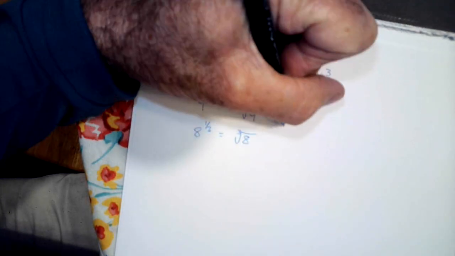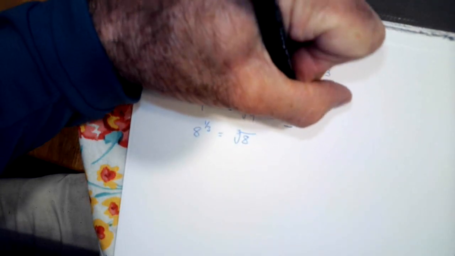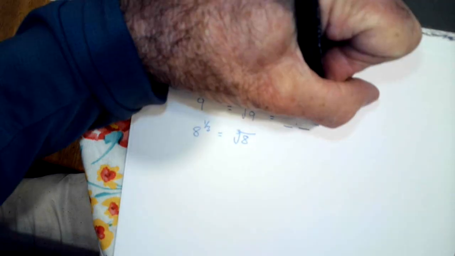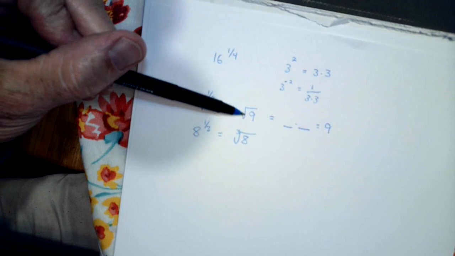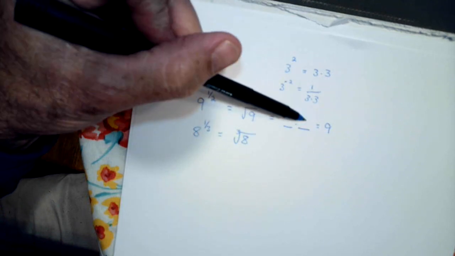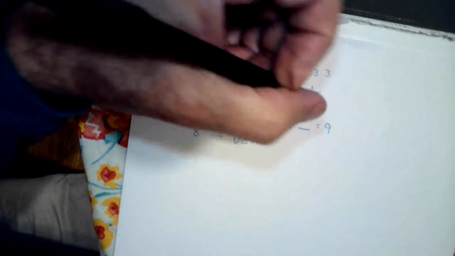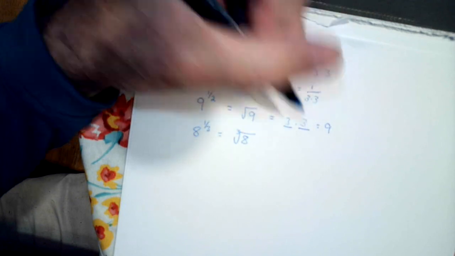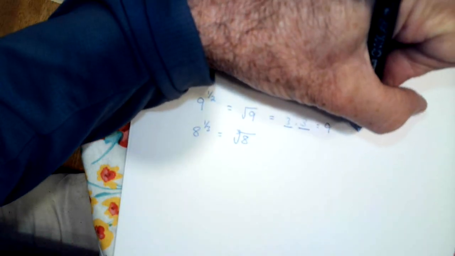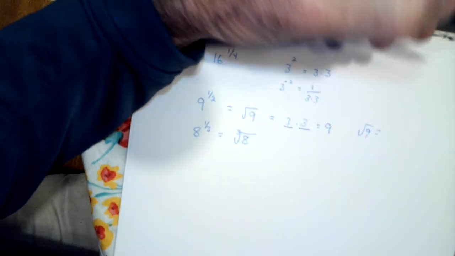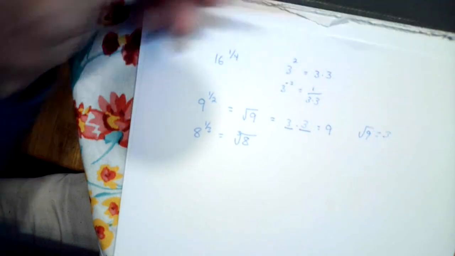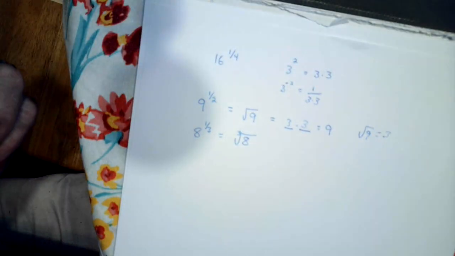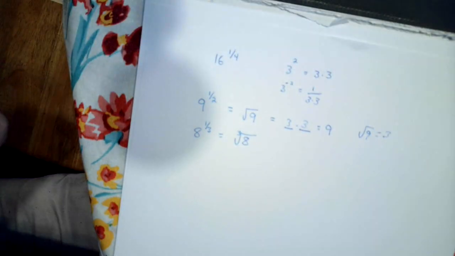Square root means what times what gives you 9. So if you say the square root of 9, you're saying what two numbers multiplied together give you 9. Well, that's 3 times 3. And so the square root of 9 is 3. That's how you would typically say it.